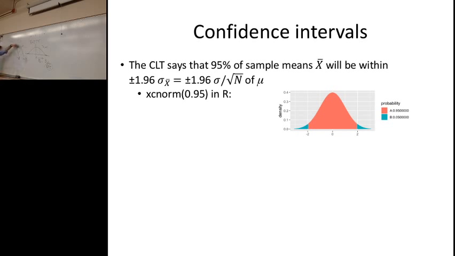So the central limit theorem tells us that the distribution of our sample means is going to mostly be here. And what we're going to try to do with confidence intervals is to run this backwards.